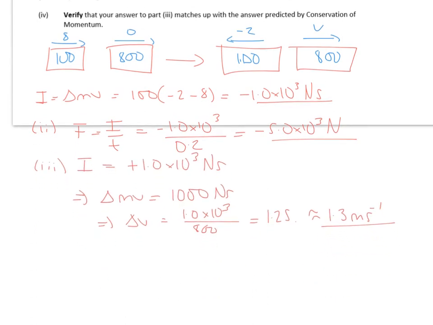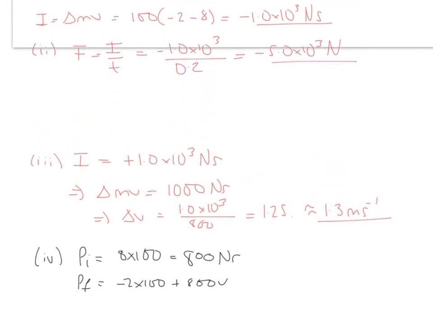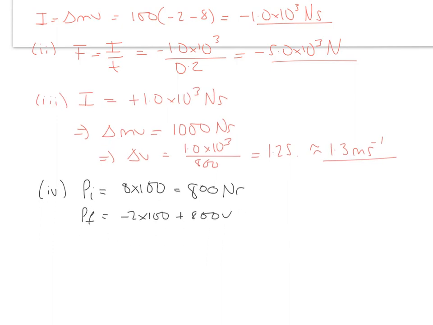The final stage, verify that this result is the same as would be produced by conservation of momentum. So the initial momentum is 8 times 100, so 800 newton seconds. The final momentum is minus 2 times 100 plus 800 V. We know those two have to be equal to each other because total momentum is conserved.